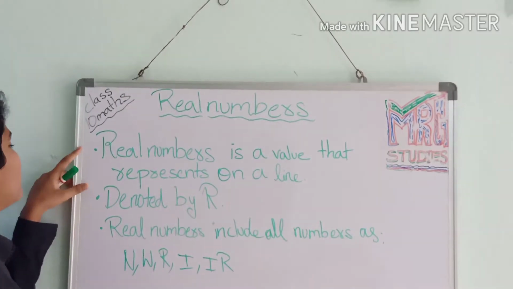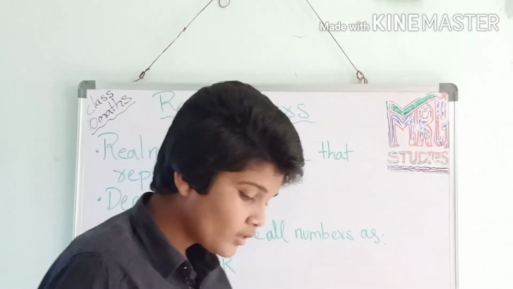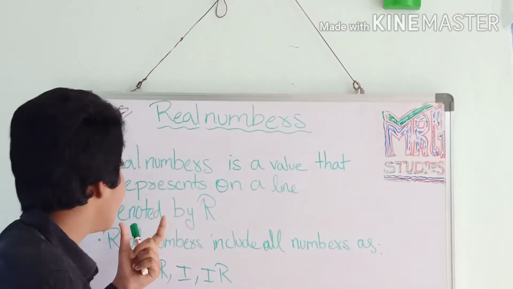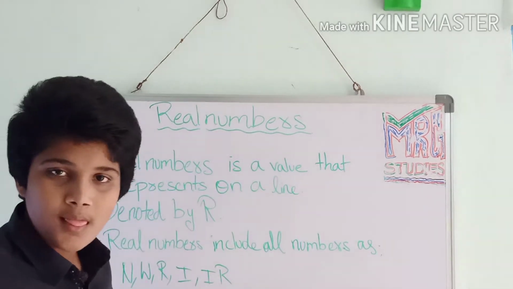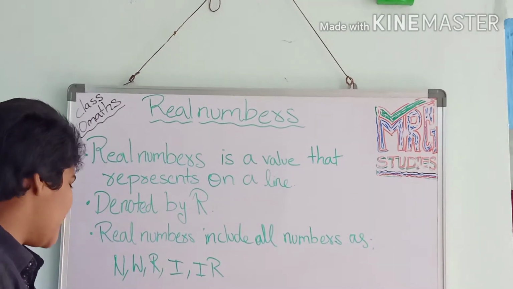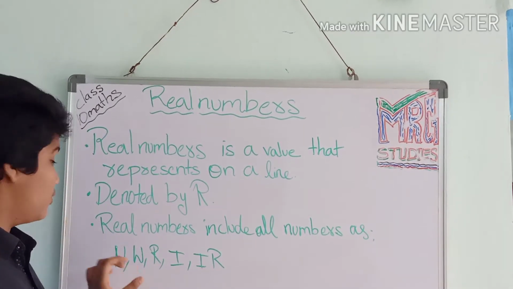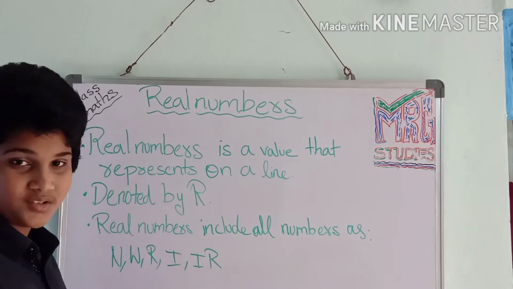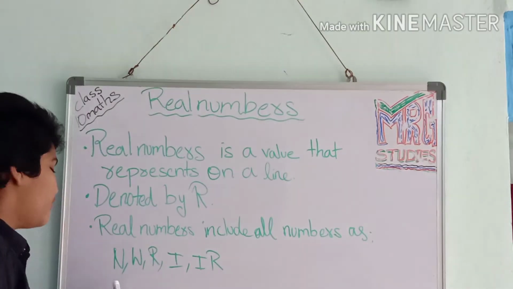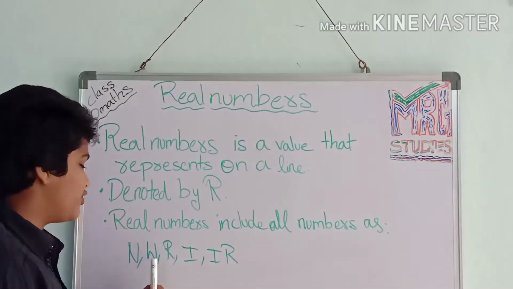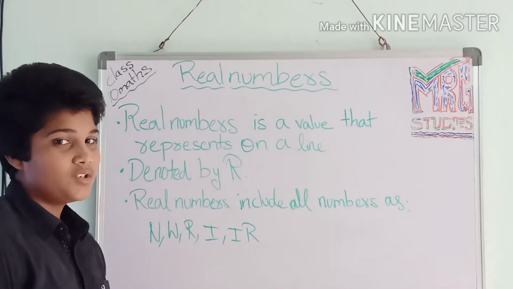These real numbers can also be represented on a number line, and the real numbers are denoted by the symbol R. The real numbers include natural numbers, whole numbers, rational numbers, irrational numbers, and integers. These 5 types of numbers are included in this.